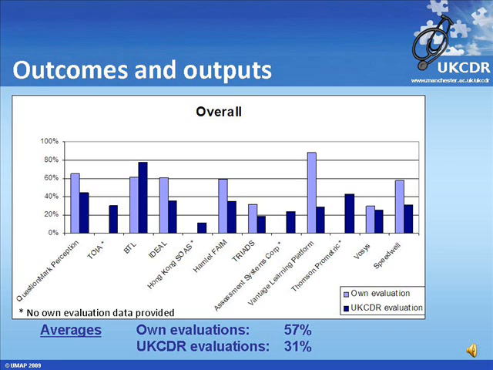The average from the UKCDR evaluation data on the whole specification was 31%. This data and other outputs are available at the web link shown on the previous slide.